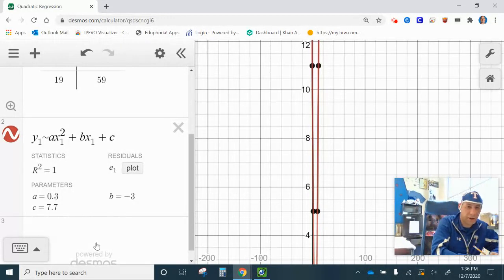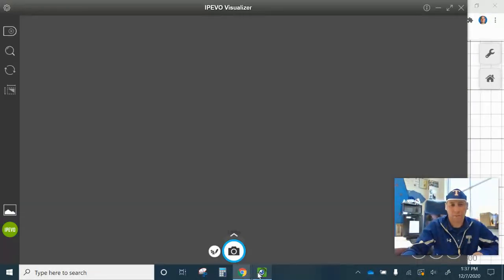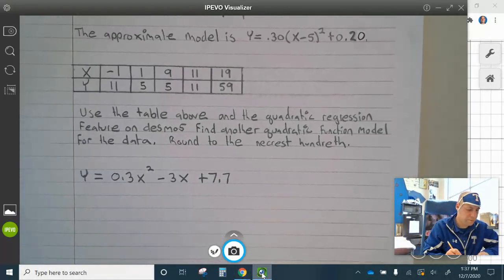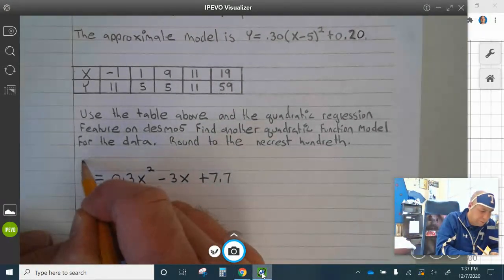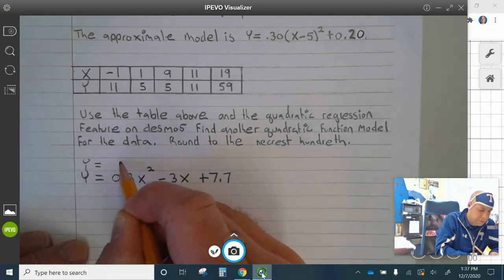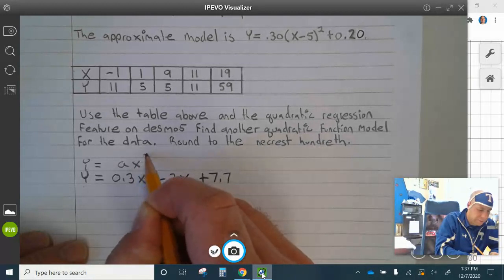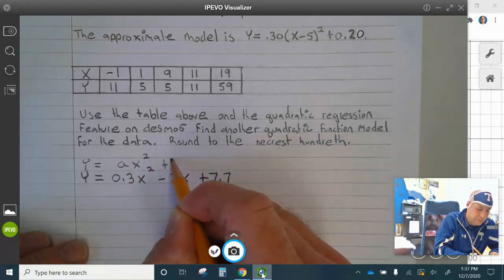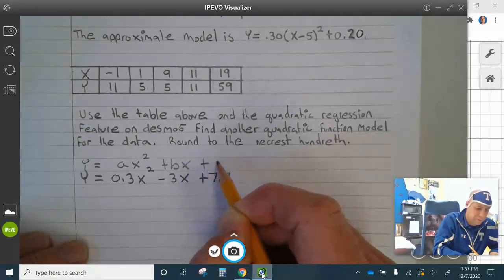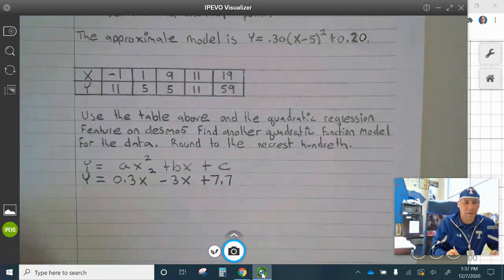So our equation is y equals 0.3x squared minus 3x plus 7.7, which we know is the y equals ax squared plus bx plus c.